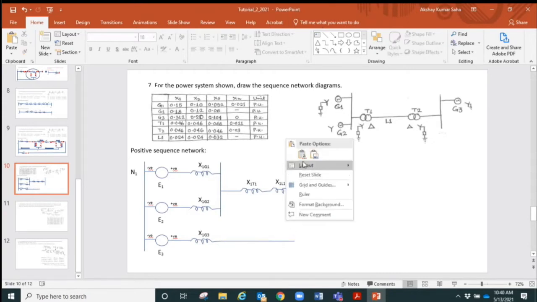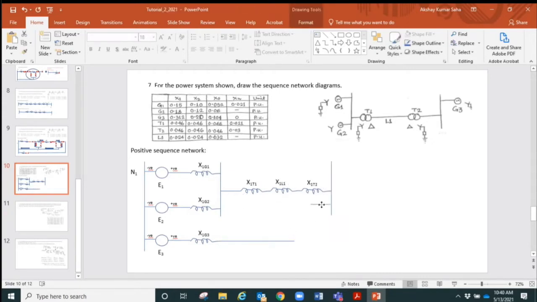Let's connect it this way, or you can do it from the other side if you want, like the one that we see on our system diagram, so that we don't get confused.